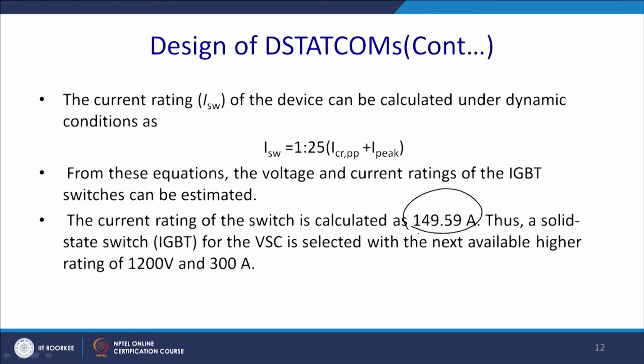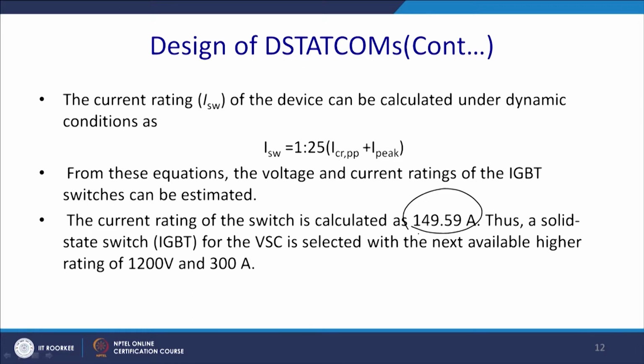So, this is the value of the CRPP, and from there we can calculate the peak current rating. And from this equation the voltage and current rating of the IGBT can be computed.